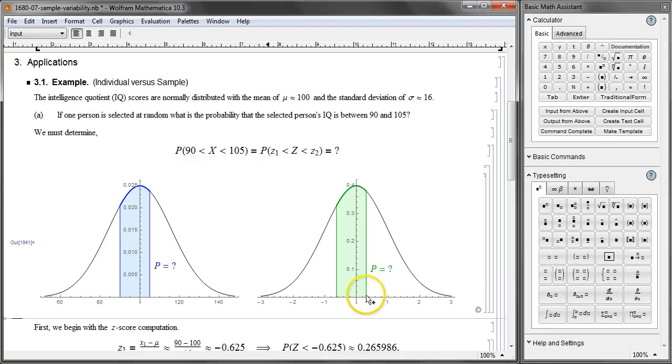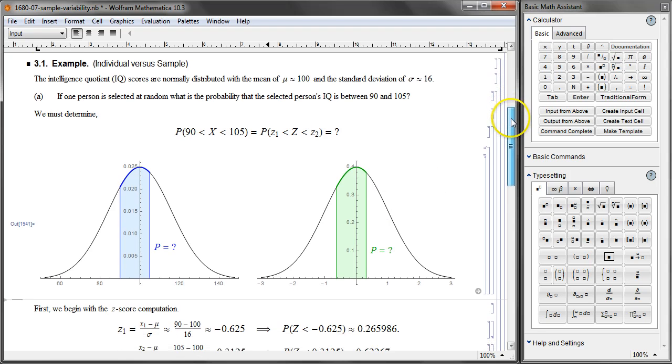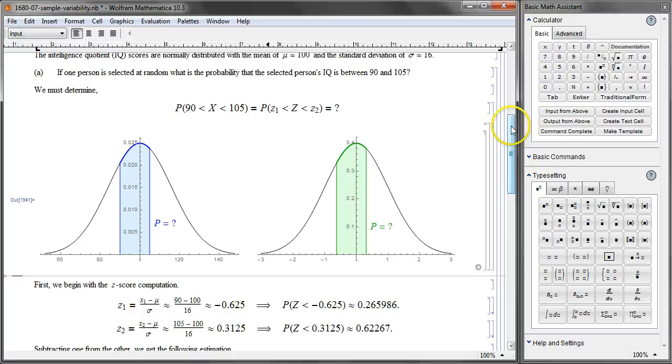That corresponds to the area of this green strip in the standard normal, where we have to find out the z-score, z1, and that z-score over here, z2. How do we find those z1 and z2? Well, we have this old friend, x minus mu over sigma. Just put those in and do the computation.